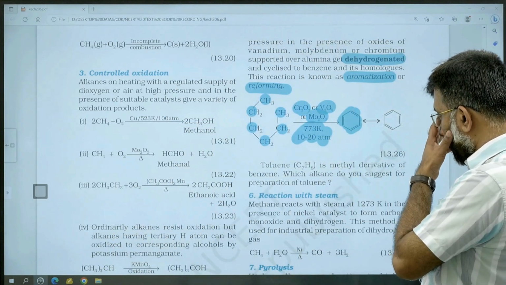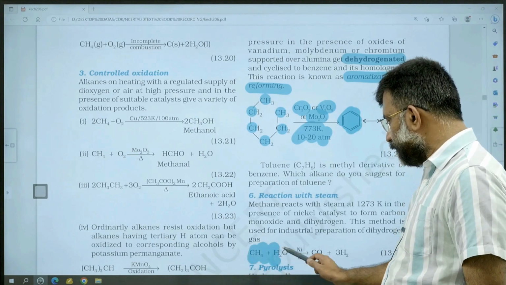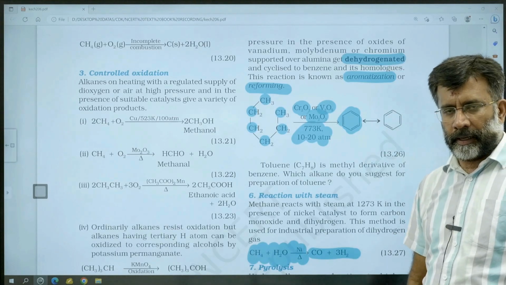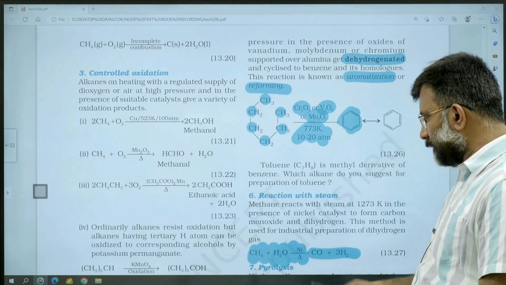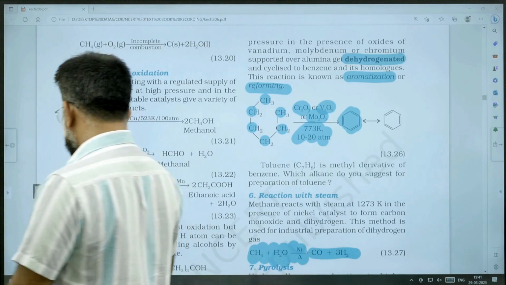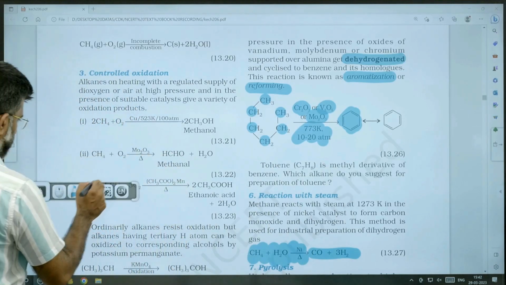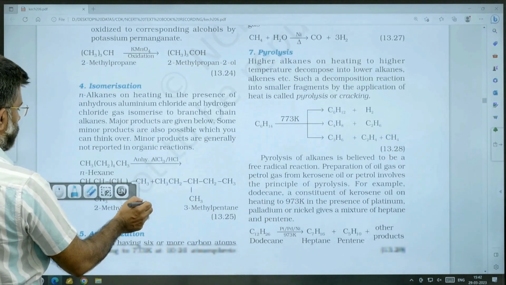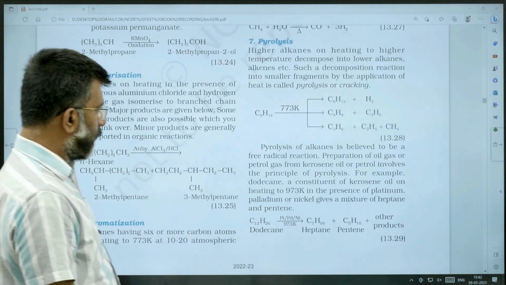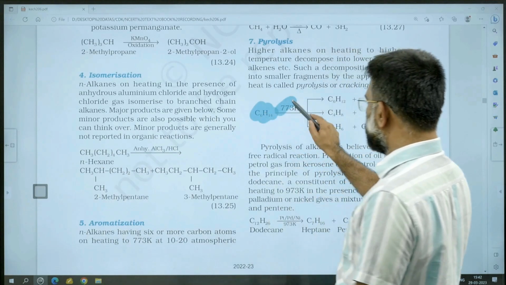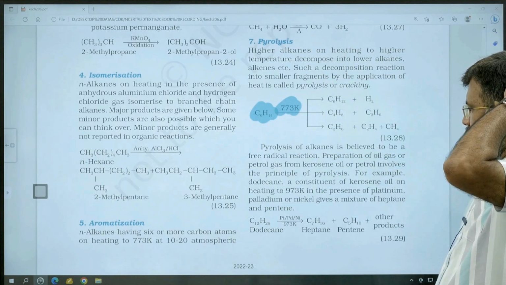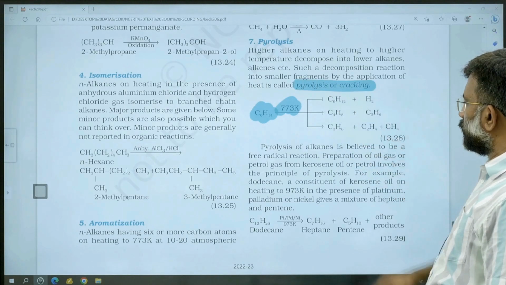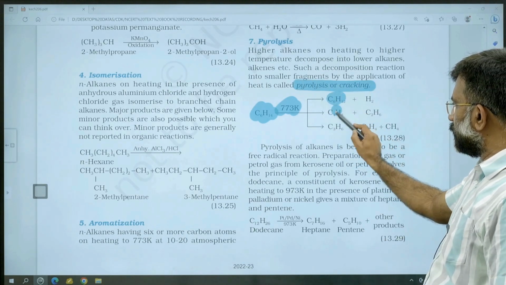Next one, reaction with steam. With steam, in presence of nickel catalyst, alkanes give water gas, studied in the chapter on hydrogen: syn gas, synthesis gas, water gas. There is a process, pyrolysis, cracking. Higher alkane heated to higher temperature is called pyrolysis or cracking. We get simpler molecules.